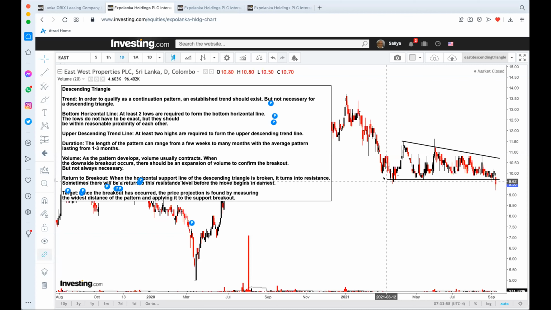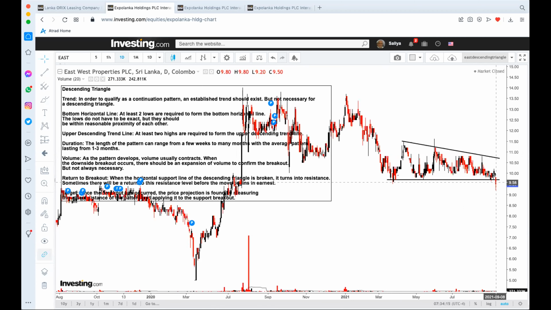Today it became very aggressive. So here with that aggression, even East West had a small volume comparatively, of 48,000 changing hands at a lower price, lower than 9 rupees and 70 cents, making a breakout below the support.